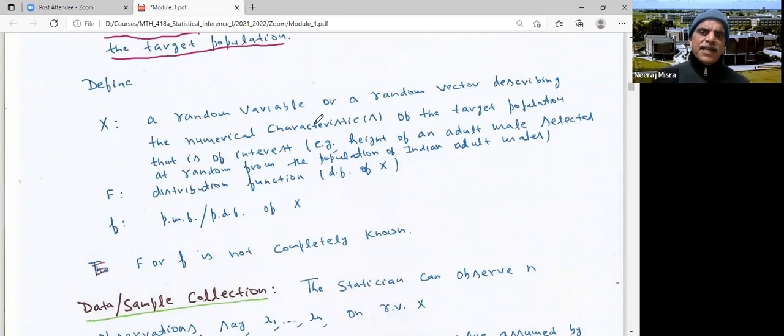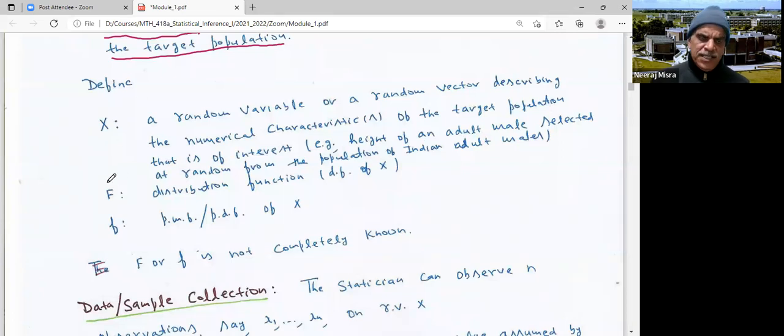So suppose X is a random variable, or a random vector for that matter, that describes the numerical characteristic of the target population that is of interest. For example, in the case of height, X could be the height of an Indian male selected at random from the population of Indian adult males.